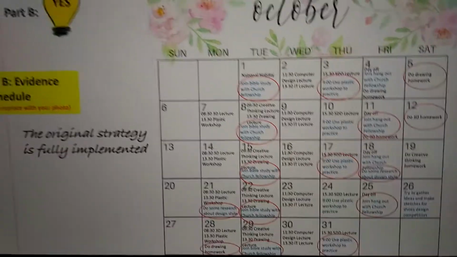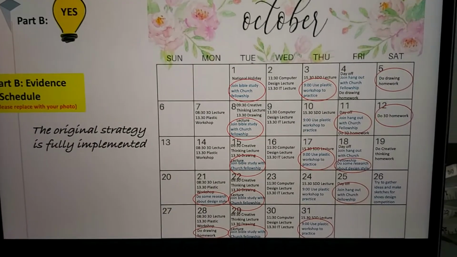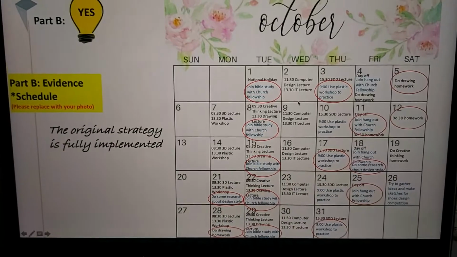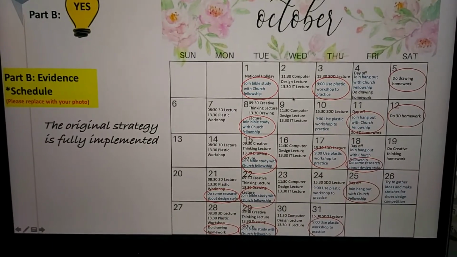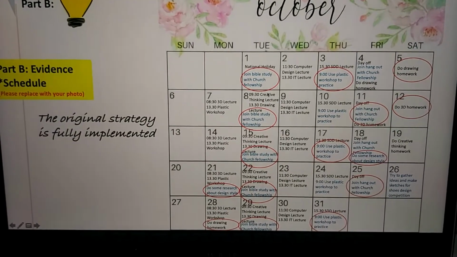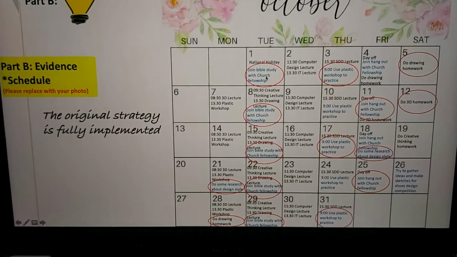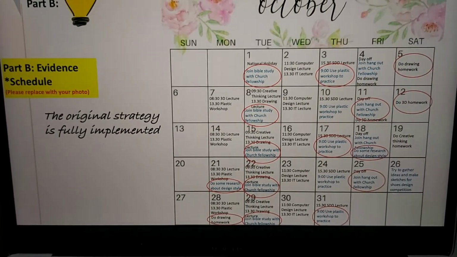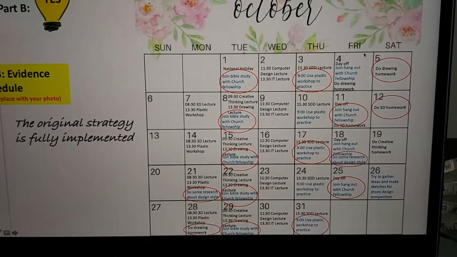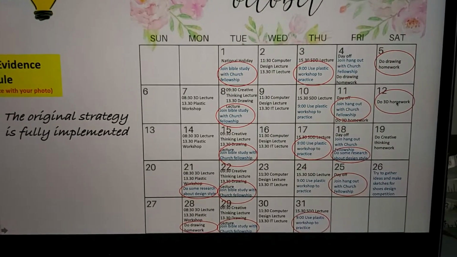So at this slide, I'm going to explain the plan that I put in my schedule, and I have already succeeded in implementing it in my life. The red circle here symbolizes that the strategy is already fully implemented during the month. So I also do drawing homework and 3D homework here.